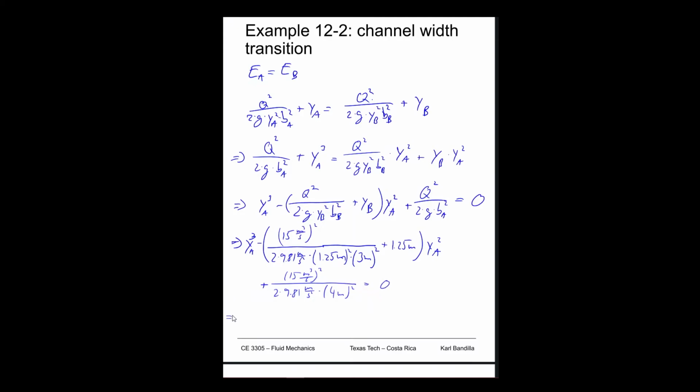So that means ya to the third power minus 2.0654944 meters times ya squared. It has to be meters because this is going to be meters squared, and it has to connect to the meters cubed over there. Plus 0.7167431 meters cubed equal to 0.